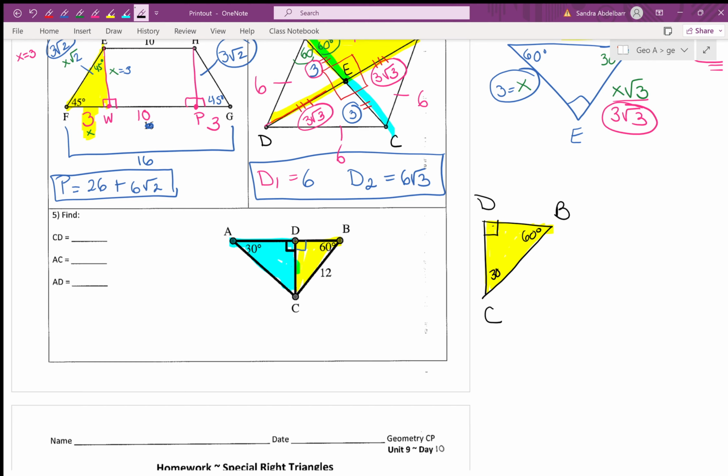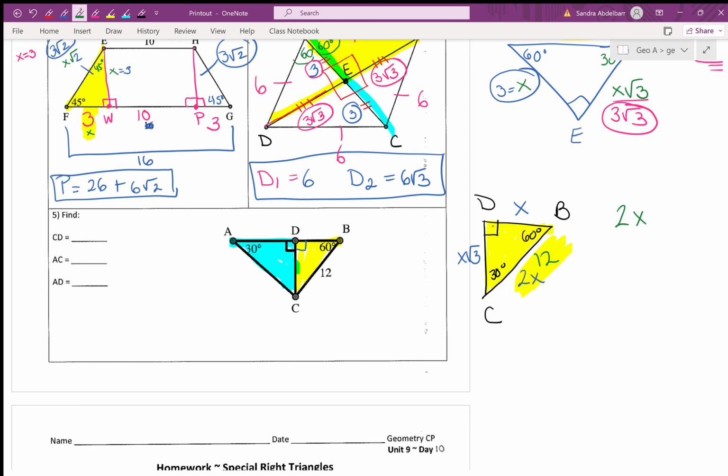This ends up being a 30, 60, 90. Opposite the 30 is x. Opposite the 60 is x root 3. Opposite the 90 is 2x. Oh, sorry, I didn't label that. CB is 12. So you choose the number that has the side length and a variable expression. We set them equal to each other.